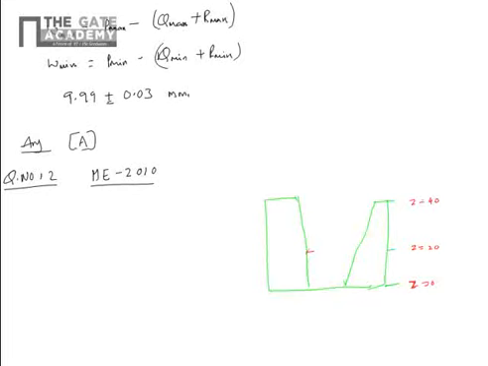So here diameter is 20 and here diameter is 40. What is the diameter at z equal to 0? That is the problem. So we need to calculate this one.